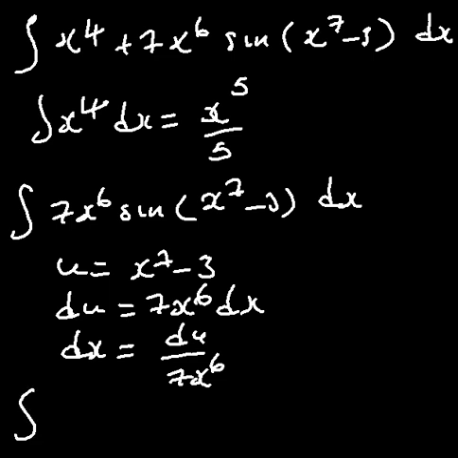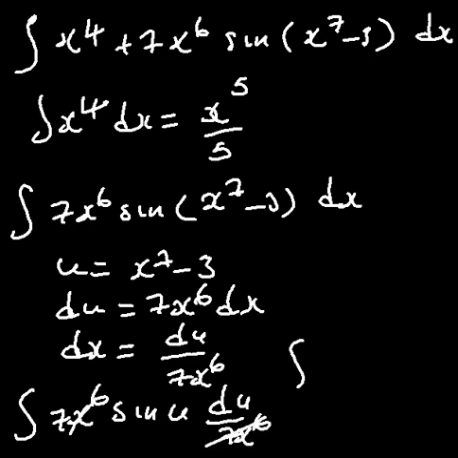Substituting that one, we'll have the integral of 7x to the power 6 times sine u du over 7x to the power 6. This and this will cancel. We'll have the integral of sine u du. What is the integral of sine u? We'll have it as negative cos u. Then come back and substitute for u.